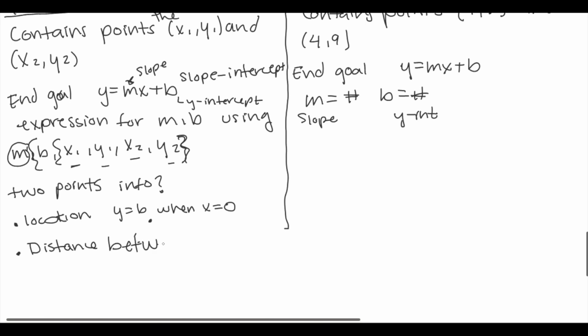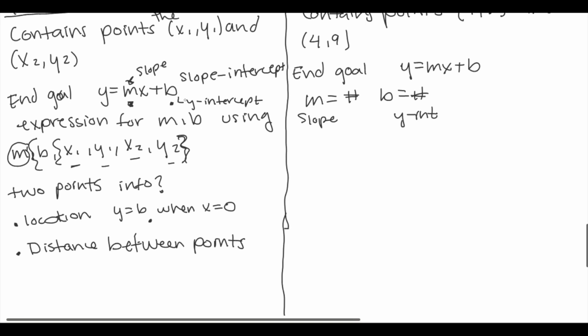We could try and find how long the line is between the points, but that's not too interesting here, because we're not really talking about distances. What is true for all x and y points is going to be the slope and then the y-intercept.